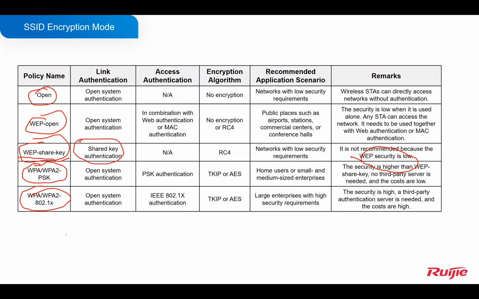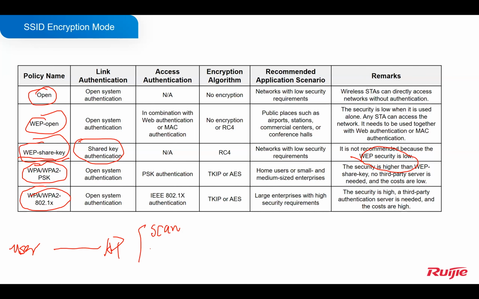So for example, now there is a user and there is an AP. From the user to the AP, we will have 3 processes. First, the user has to scan which AP can provide the service for me. This is the scan process.